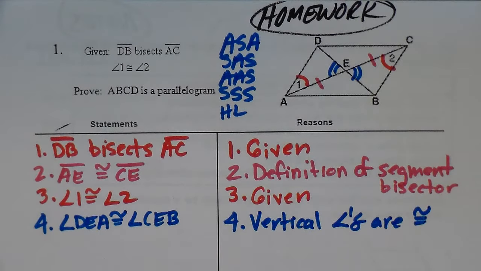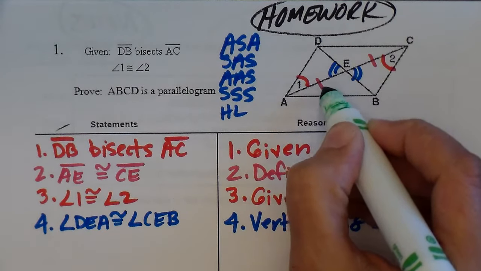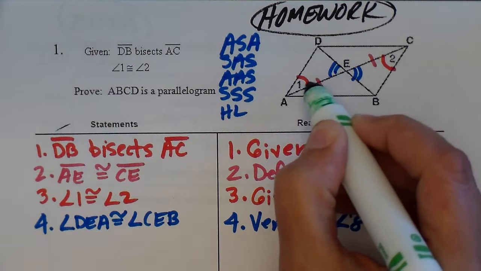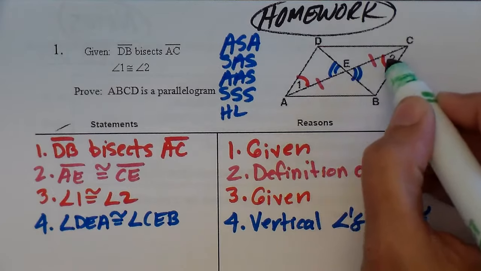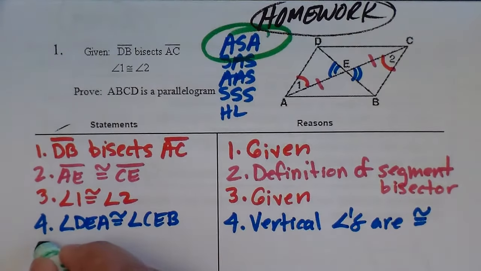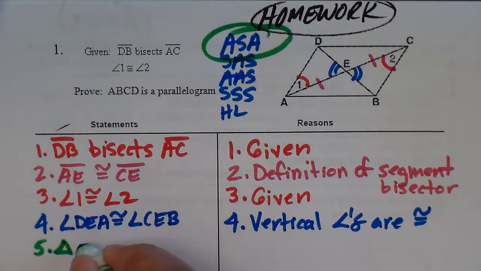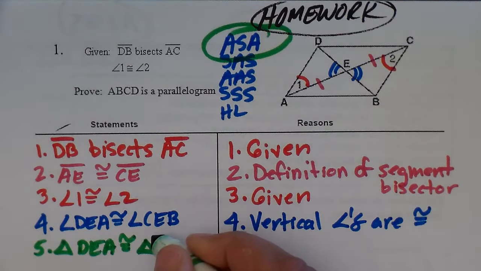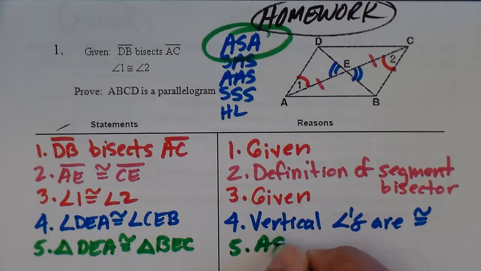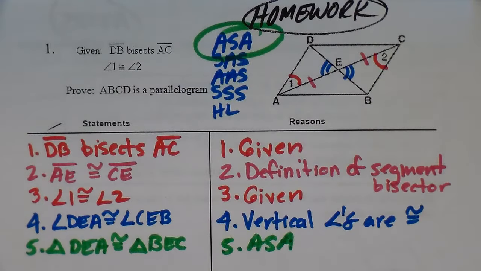Now, can I say the two triangles are congruent? I certainly can. I've got an angle, a side, and an angle. And remember, the side is included because it touches both angles. Same thing here in the same sequence. So I can now say that triangle DEA is congruent to triangle BEC by angle, side, angle.